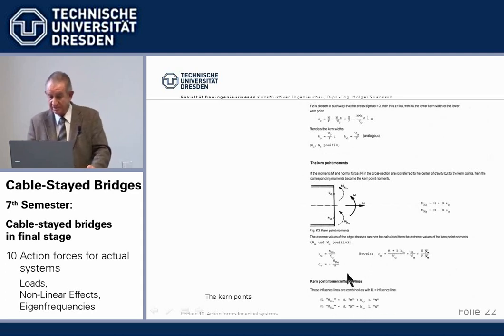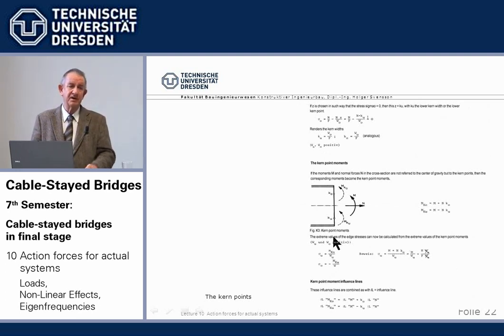And so this kern width we call K, upwards or downwards.